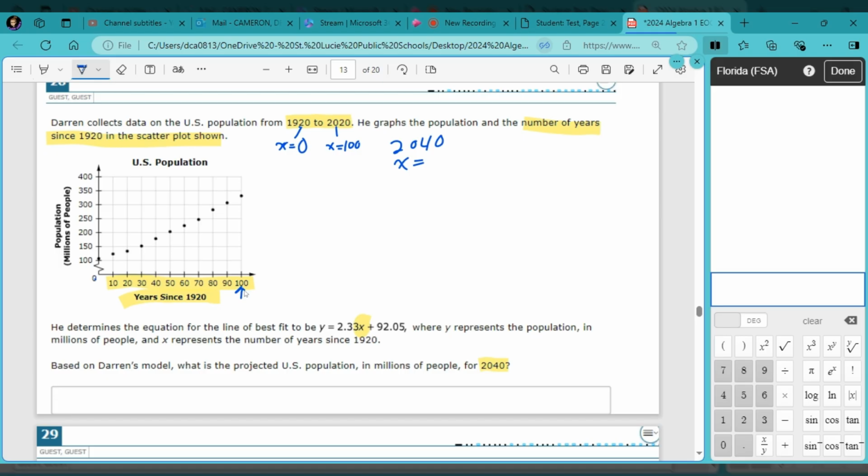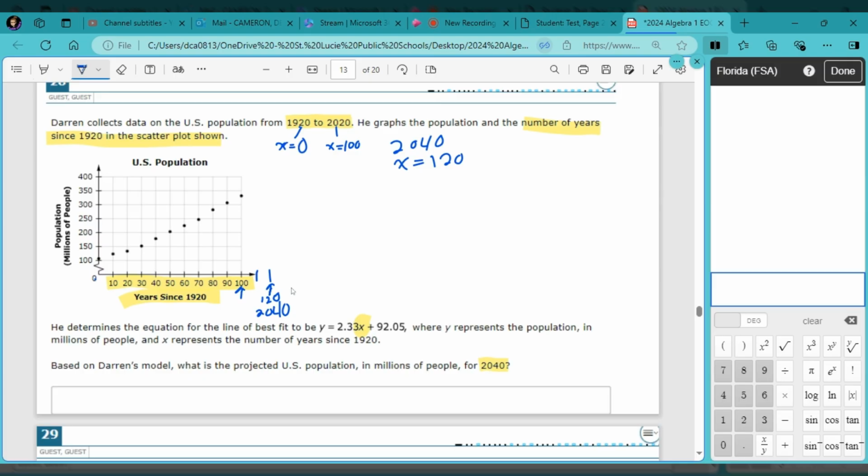And I can see that the year 2040 is 20 years after 2020, or it's 120 years after 1920. So I need my X to be 120. So it would be on the graph right here. 120 would be the year 2040.